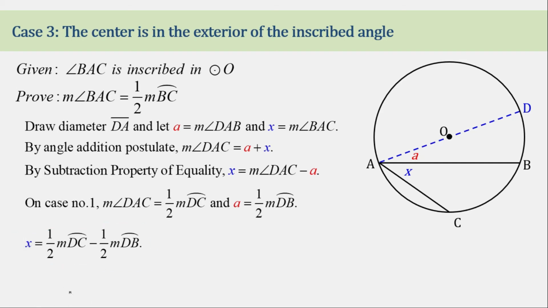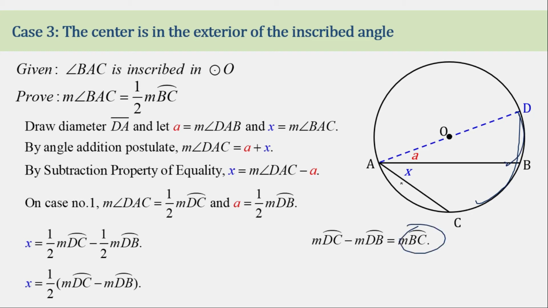Now, if we simplify it by common monomial factor, we subtract DB from DC and we put 1/2 outside the parenthesis. That is the common monomial factor. Now with that, we can say that DC minus DB is equal to BC, by arc addition postulate and then subtraction property.